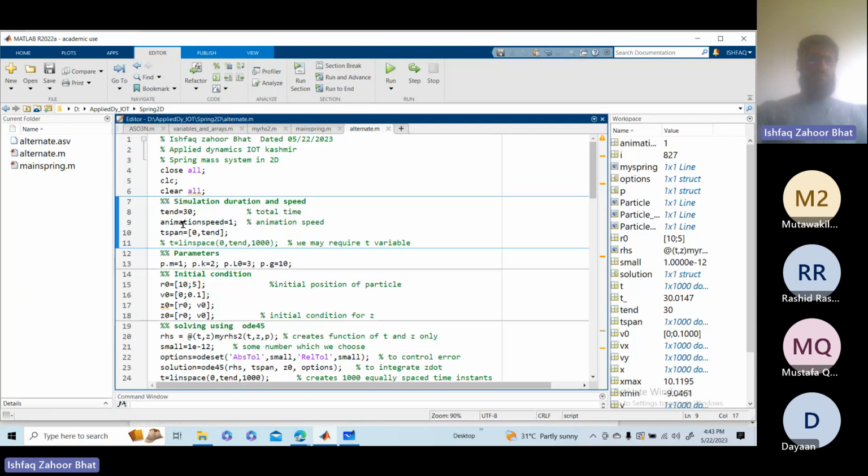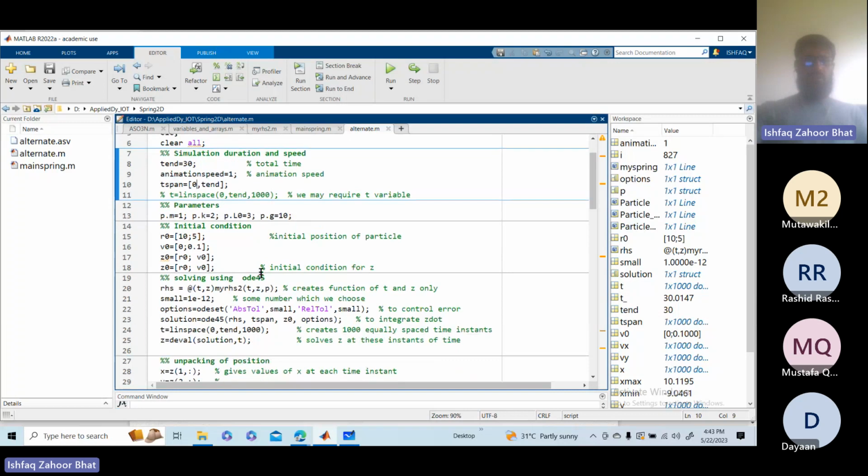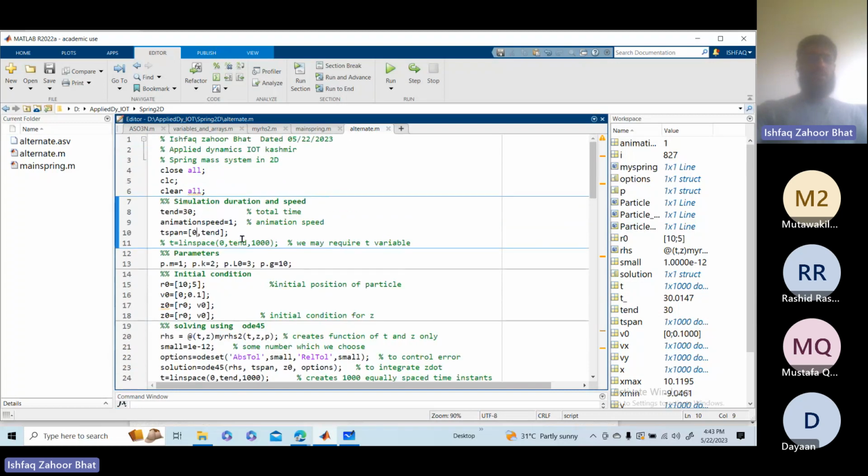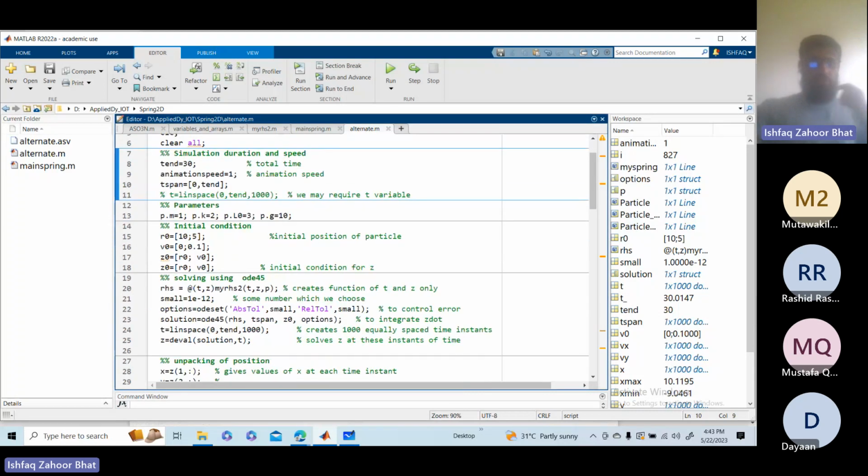These are basically just variables. T is a variable, animation speed is a variable. T span is the time which we will be giving as input to our ODE. ODE basically requires the starting time and the end time for which we are going to integrate our function through ODE.